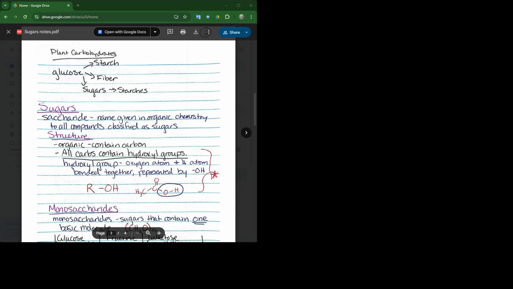Okay, so I have this underline and I have this whole section that I'm talking about the hydroxyl groups with a star because I told you in that lecture you need to understand this because there's a lot of these in carbohydrates. Okay, so under that I have the definition of hydroxyl group pulled from the book.